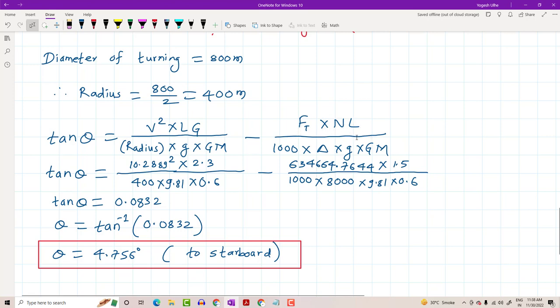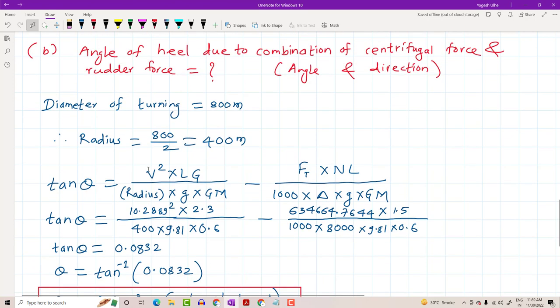The centrifugal force is opposite, and its value is higher, while the rudder force has a lower value. So the combined effect follows the direction of the centrifugal force, because the centrifugal force has the larger angle of heel. Getting my point? Try to understand the scenario here.